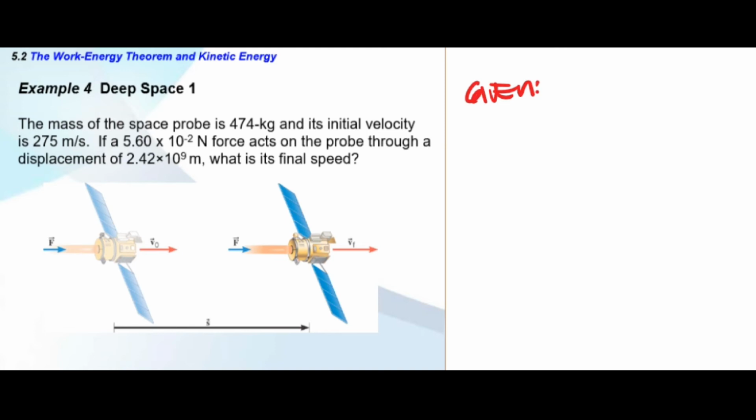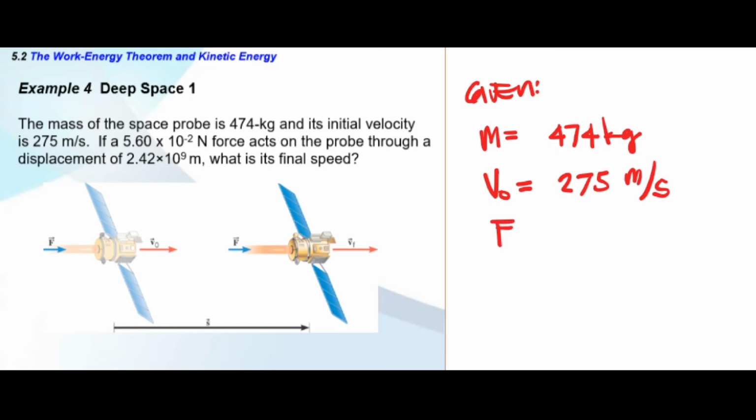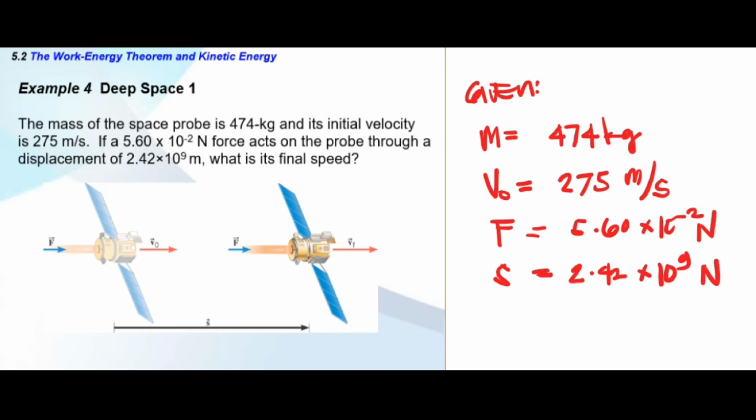The given are the mass of the space probe equal to 474 kilograms, the initial velocity v sub 0, 275 meters per second, the force being applied is 5.60 times 10 raised to negative 2 Newton, and the displacement s is 2.42 times 10 raised to 9 meters.